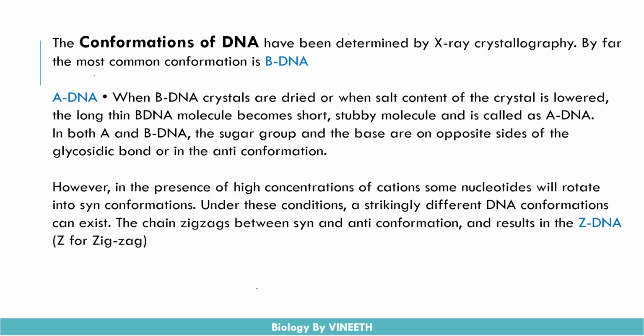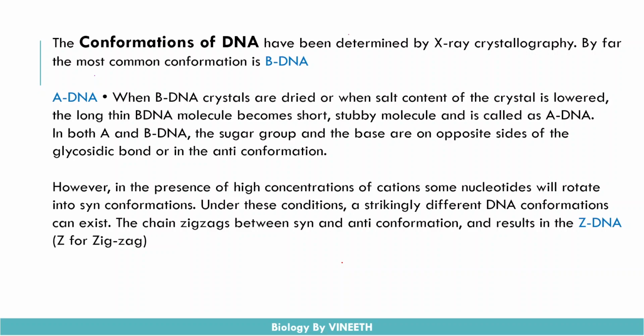If we dry the crystals of B DNA and lower the salt content, then we get a thinner molecule, often referred to as A DNA. So to convert B DNA into A DNA, you transfer the dried B DNA crystals into a low salt solution. Then you get the thinner form, known as A DNA.